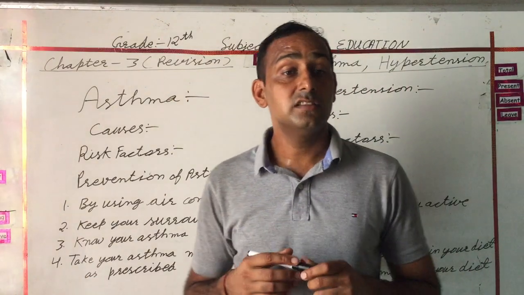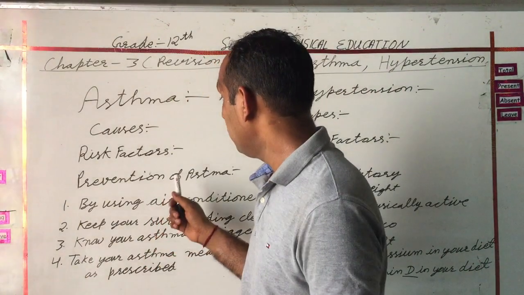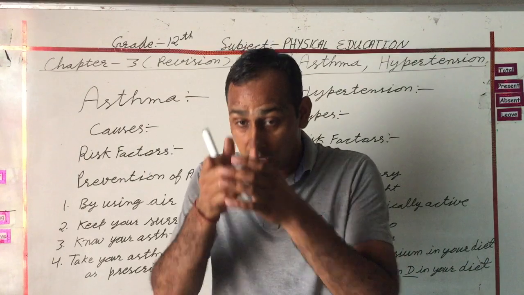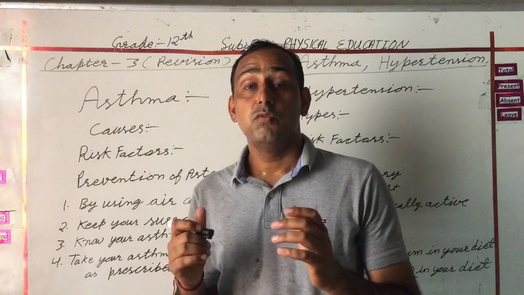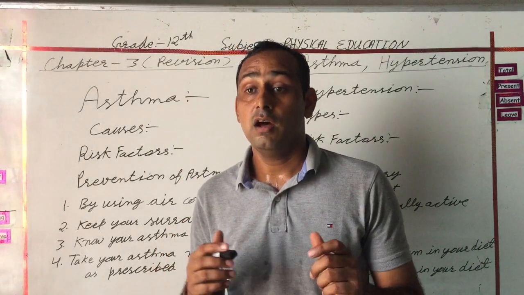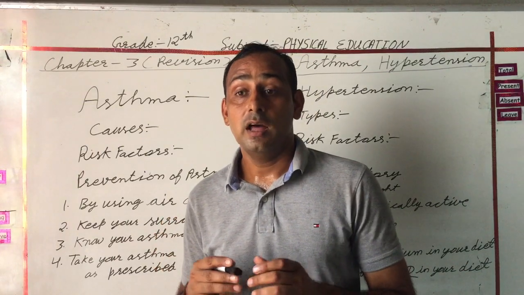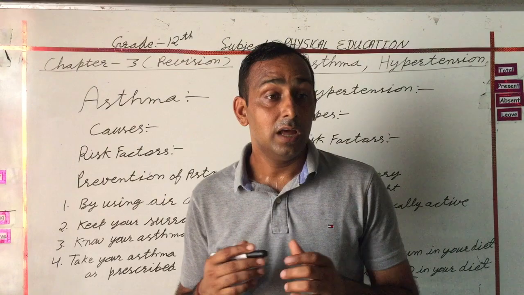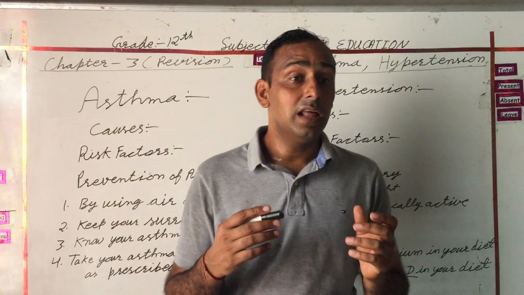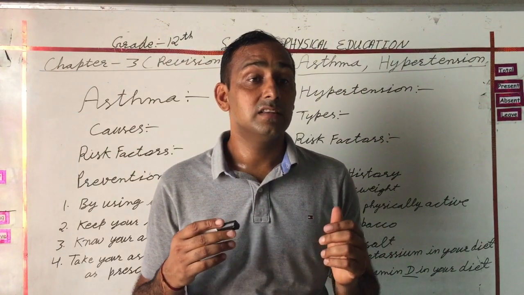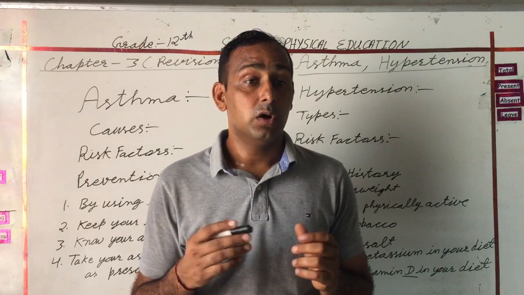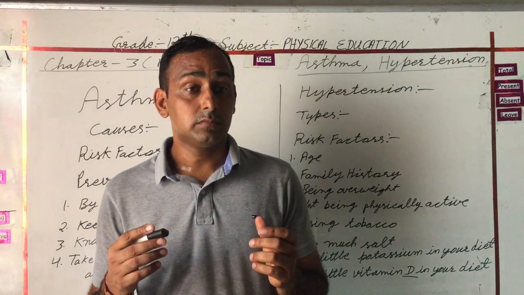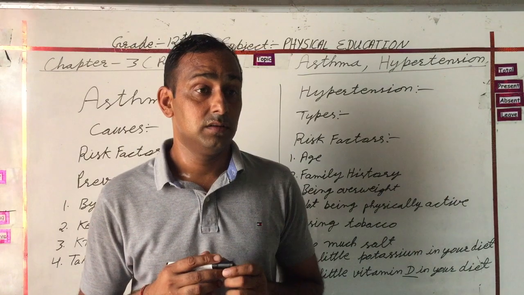After this, next are the risk factors of asthma. The main risk factors are being overweight, being a smoker, being exposed to secondhand smoke, and having another allergic condition such as atopic dermatitis or allergic rhinitis.